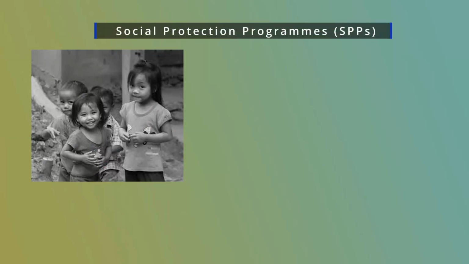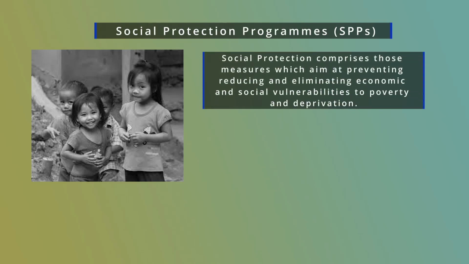Now the social protection program. Policymakers emphasized comprehensive social protection programs that are able to overcome poverty, inequality and different forms of deprivation. Social protection programs means the government programs, and the basic purpose of this program is to overcome poverty and other forms of deprivation.